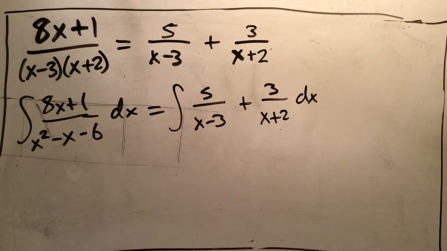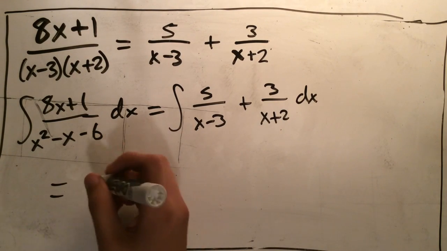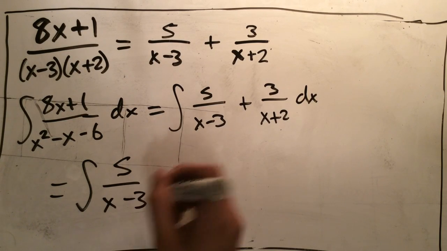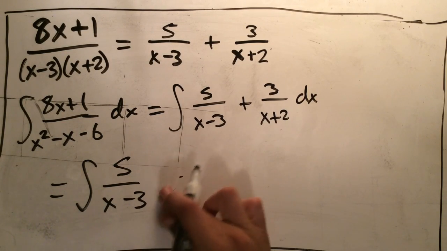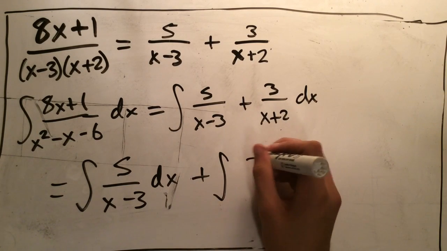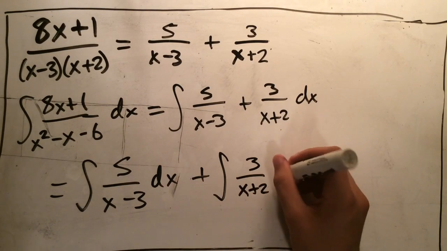Now if you know your basic rules of integrals, you know that we can split this into two separate integrals, which would be the integral of 5 over x minus 3 dx, plus the integral of 3 over x plus 2 dx.